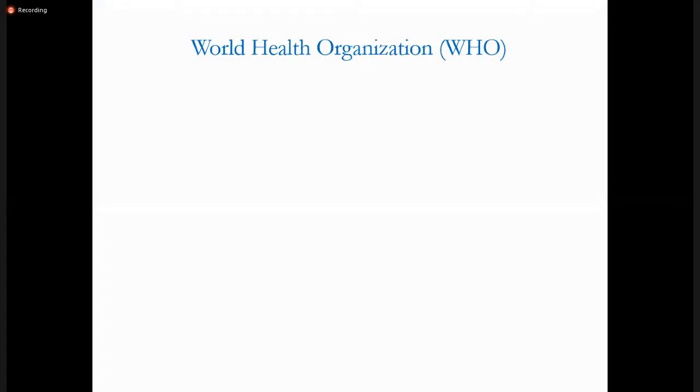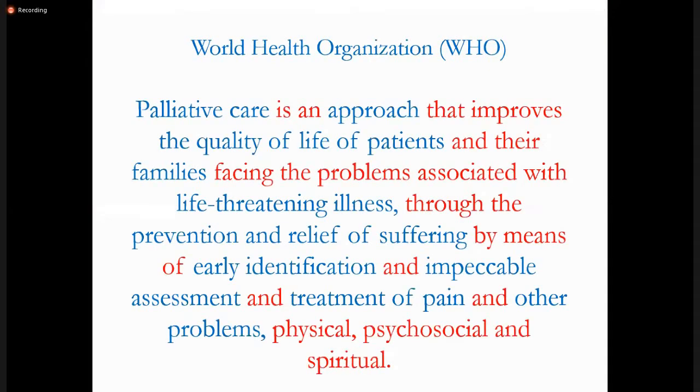So how will we define palliative care? According to the World Health Organization, palliative care is an approach that improves the quality of life of patients and their families facing the problems associated with life-threatening illnesses, through the prevention and relief of suffering by means of early identification and impeccable assessment and treatment of pain and other problems, physical, psychosocial, and spiritual.